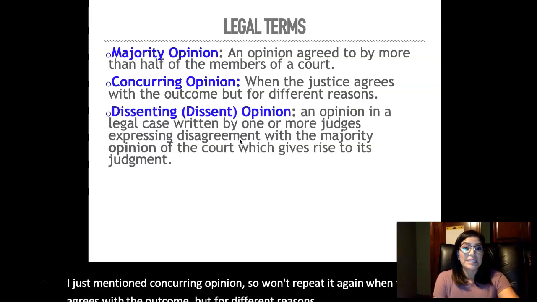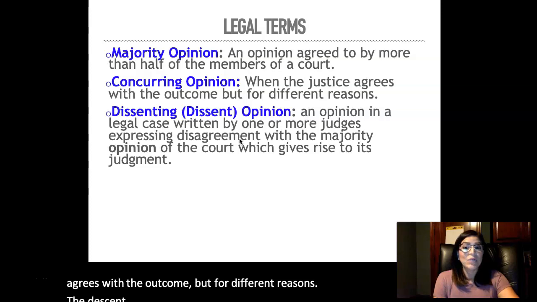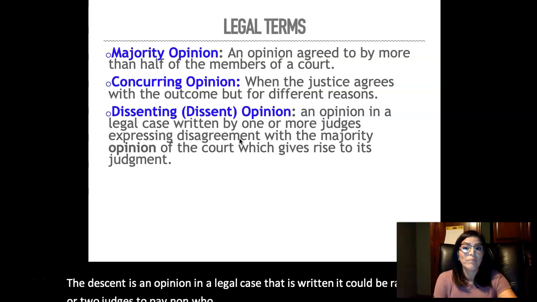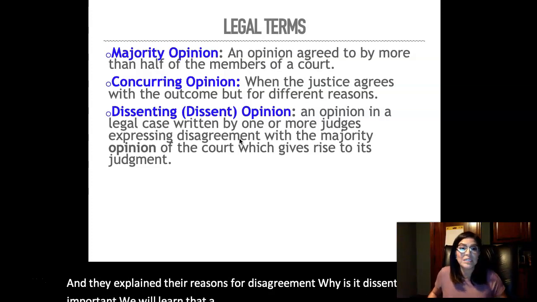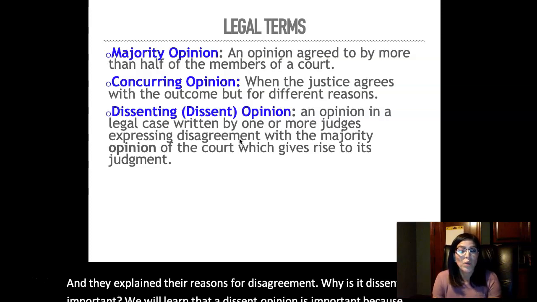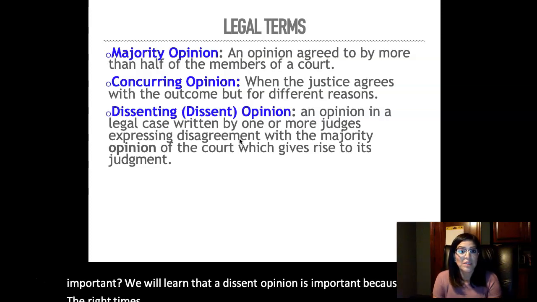Dissent. The dissent is an opinion in a legal case that is written, it could be written by 1 judge or 2 judges, depending on who disagrees with the outcome, and they explain the reasons for disagreement. Why is a dissenting opinion important? We will learn that a dissenting opinion is important because there are times when in history the dissent later becomes the majority opinion.